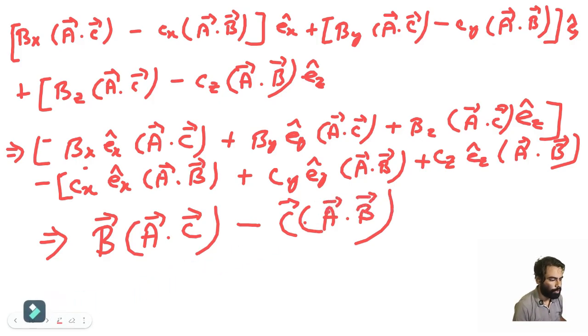Now as you know how to find the triple product, it is BAC minus CAB. You can find it by yourself.